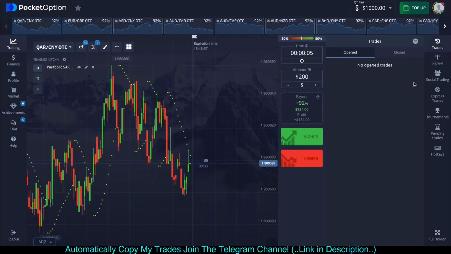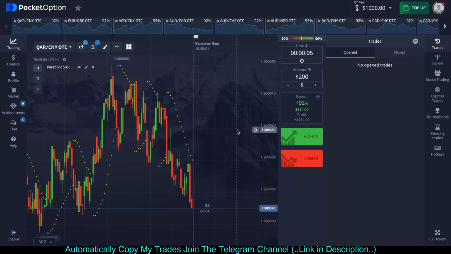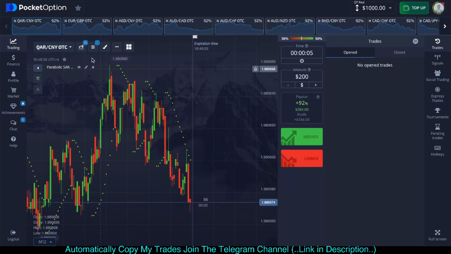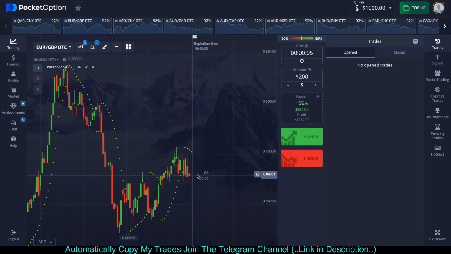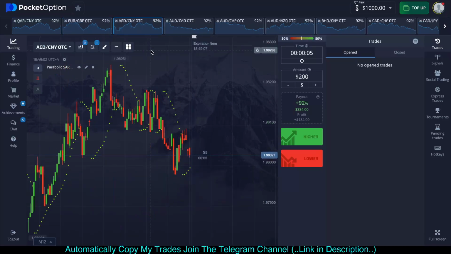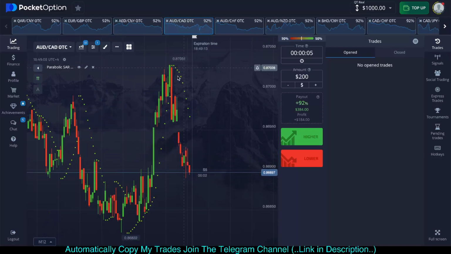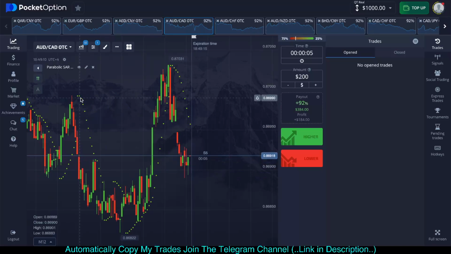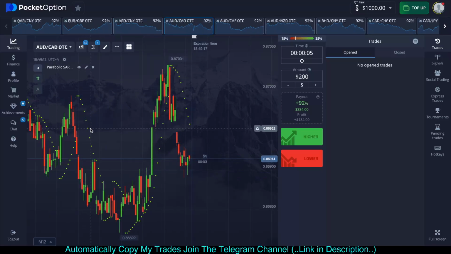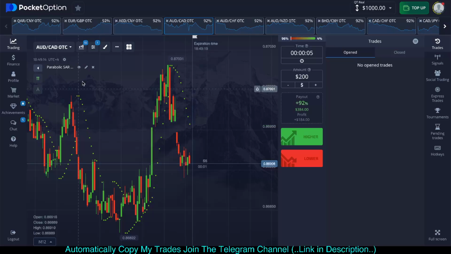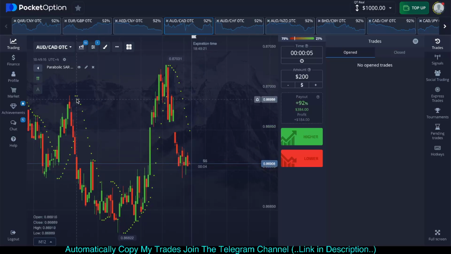Once you do this much, now you need to understand the basic thing about using this parabolic SAR. So let me find a clear chart. Okay, this chart is good. Here you can see these are parabolic SAR dots. Whenever these dots are forming above the candles, that means it is a downtrend.